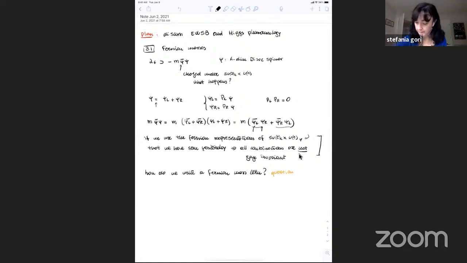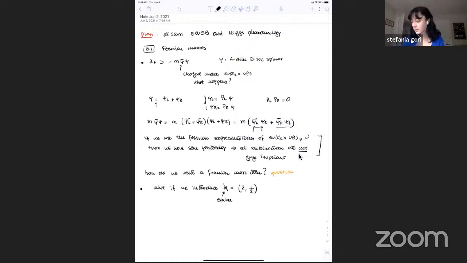So what if we introduce a new field? Let me call it phi. So this is a scalar field that does transform as a doublet under SU(2), and it has a hypercharge equal to 1/2.